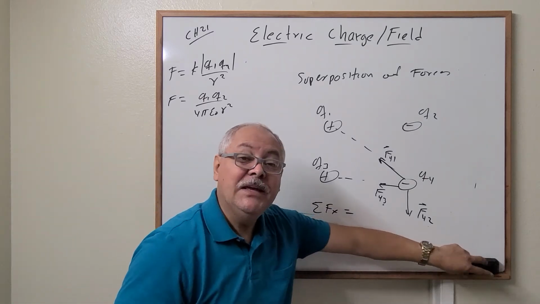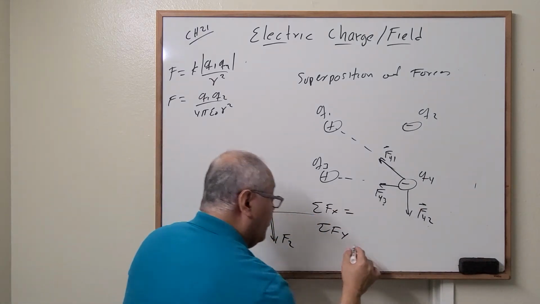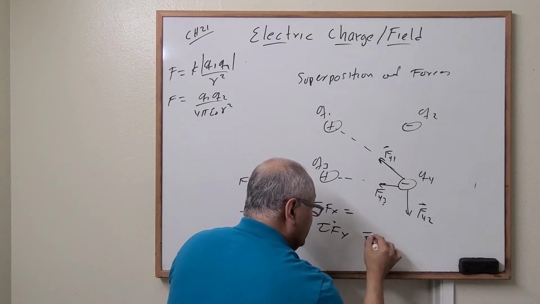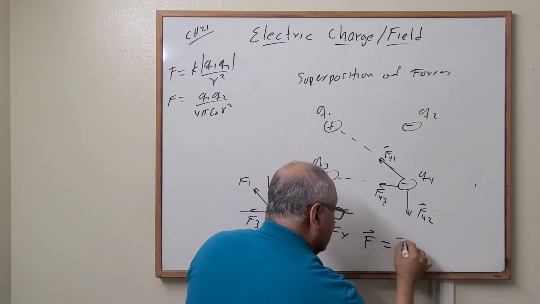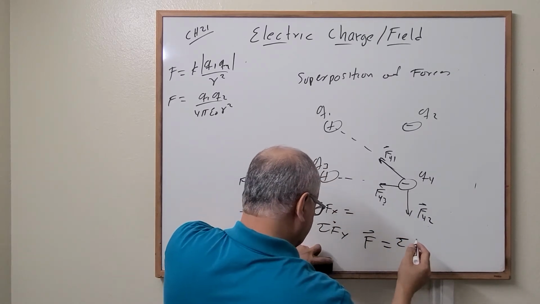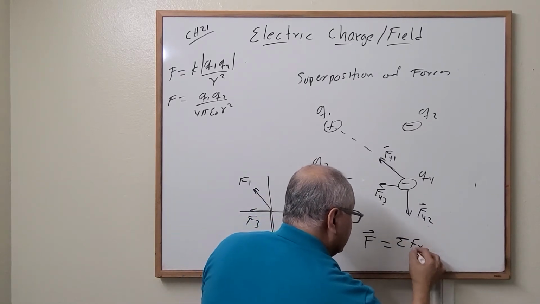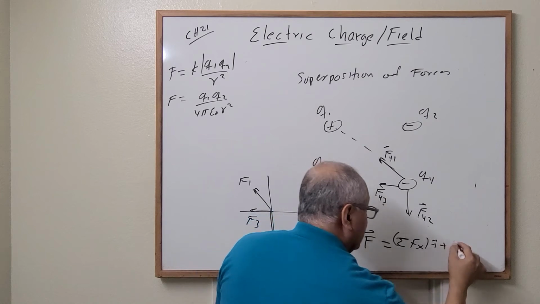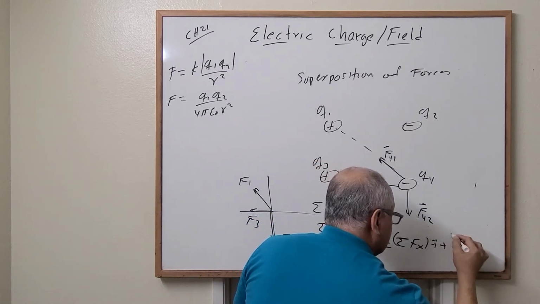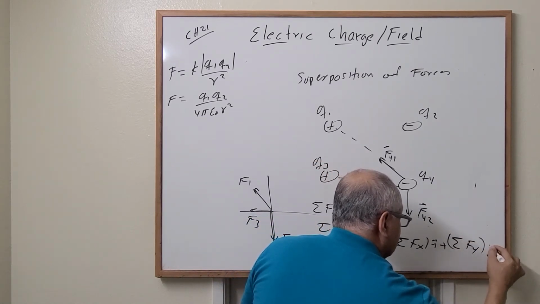The net force equals the net x component times i hat plus the net y component times j hat.